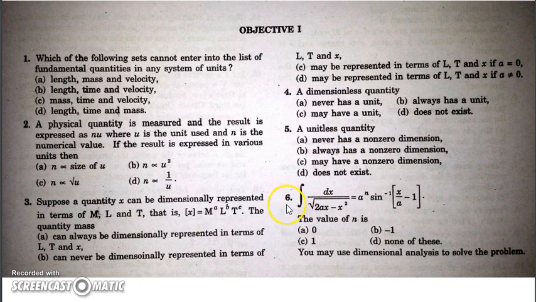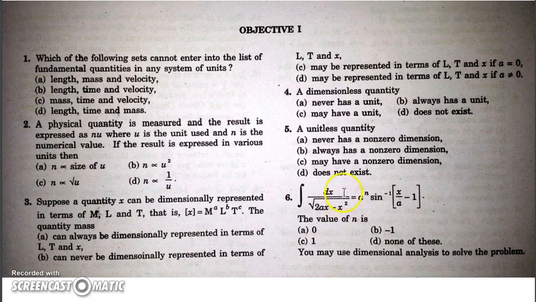Moving on to the next, which is this: as 2x minus x square is defined. So 2ax is subtracted from x square. So dimension of ax should match x square. So dimension of a should be the same as x. Okay.